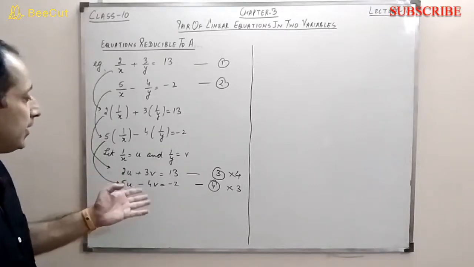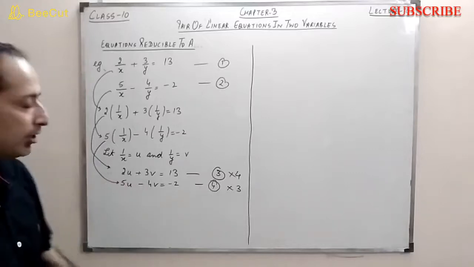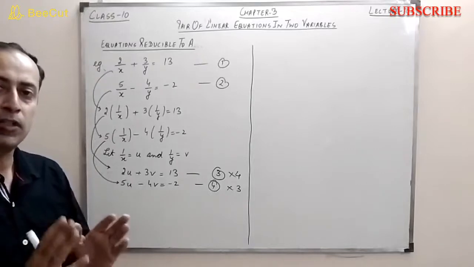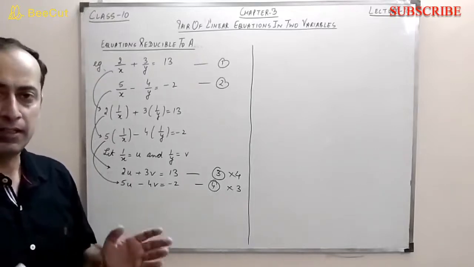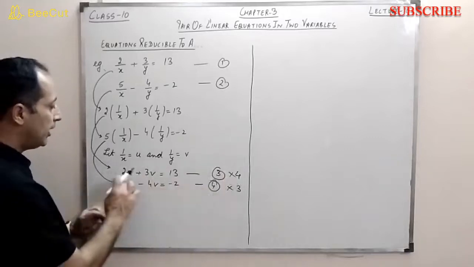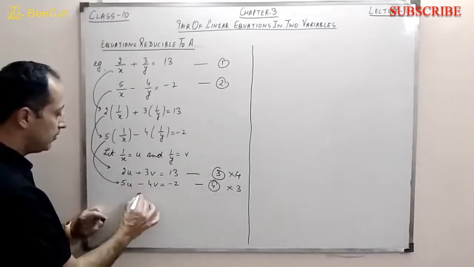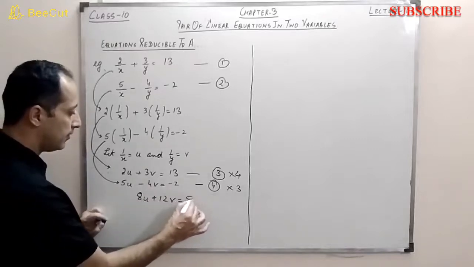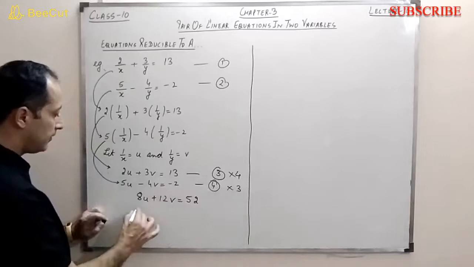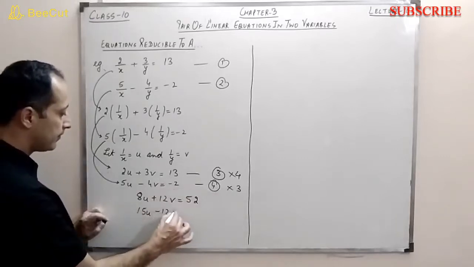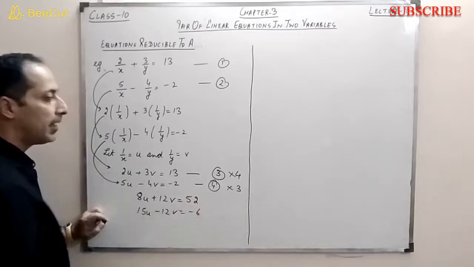Why have I chosen here the coefficients of v to make equal? Because they have opposite signs, and then I can add the two equations, which is easier than subtraction. So when I multiply, 4 into this complete equation, I get 8u plus 12v equal to 52, and this one becomes 15u minus 12v equal to minus 6.